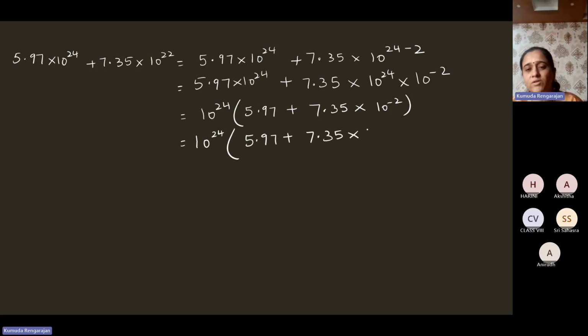Yeah, Navneet, continue. Into 10 minus 2. Ma'am, can I? 1 by 10 square. No, see, this is not expected from anyone. You should answer only when you're asked to answer.